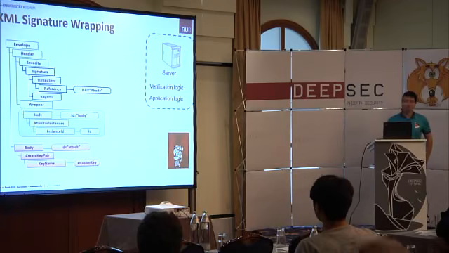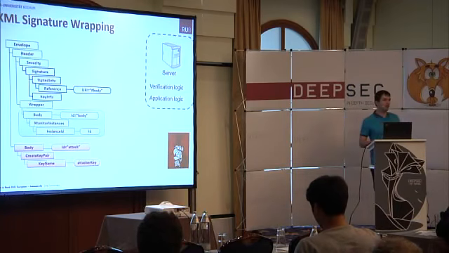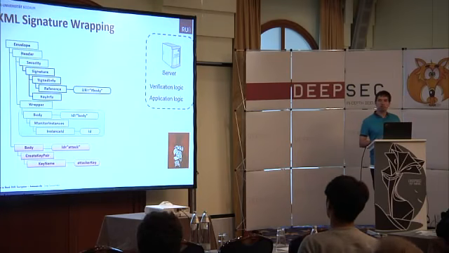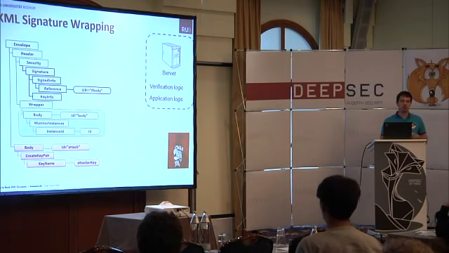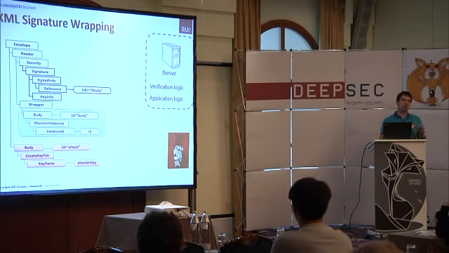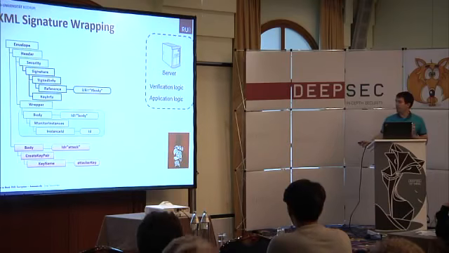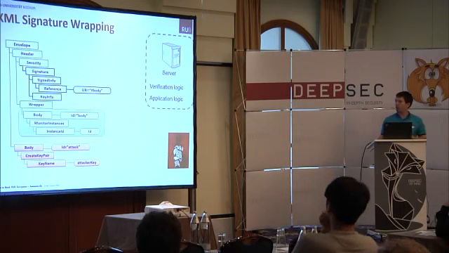In most cases, the web service verification and business logic work in two steps. First there is the verification logic, which contains signature validation and cryptographic functionality. This is very, very complicated, so most developers apply some cryptographic library. In the second step, there is the application logic, which just invokes a functionality. This is done by a developer on his own.